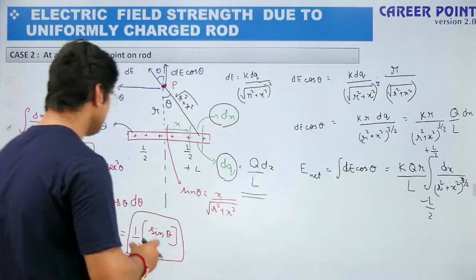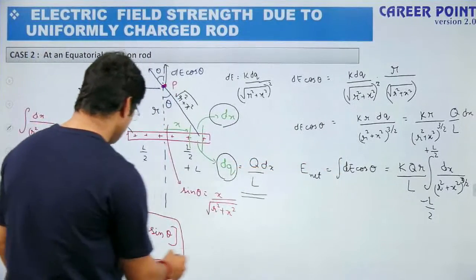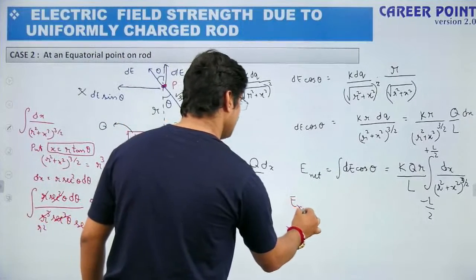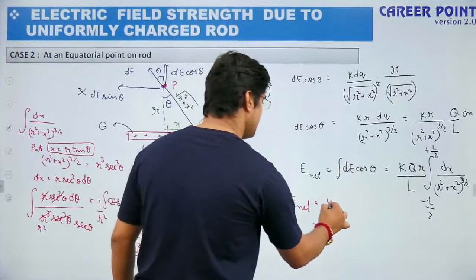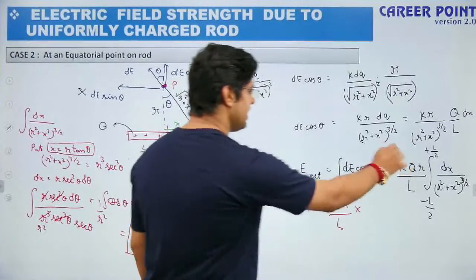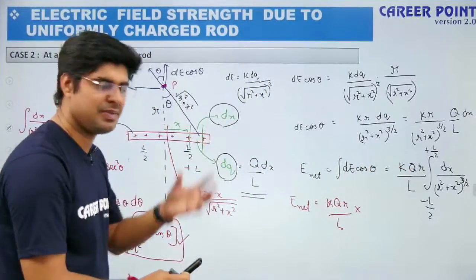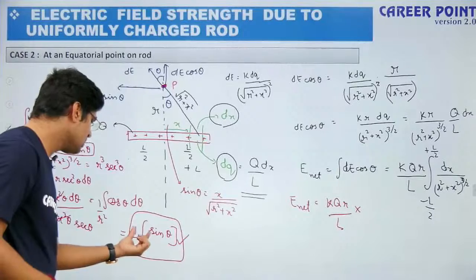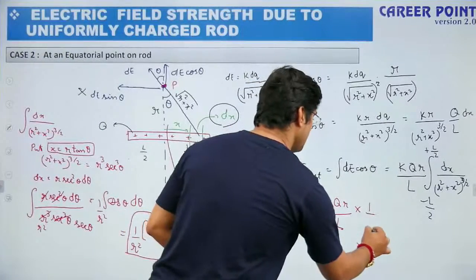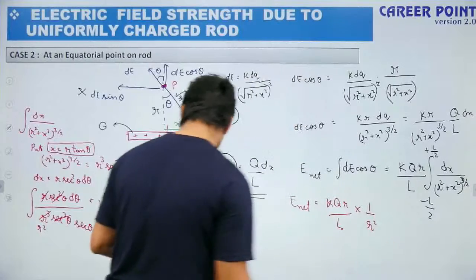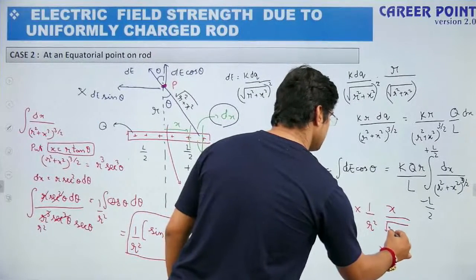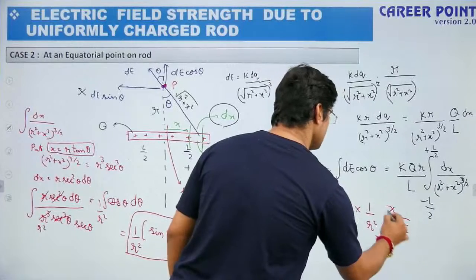Now the value of this integral is coming how much? 1 upon r square sin theta. So we will use it. E net will be given by k capital Q by L into, in place of the integral, I am replacing it by the value 1 upon r square into the value of sin theta. So that is 1 upon r square, and the value of sin theta is x upon under root r square plus x square.